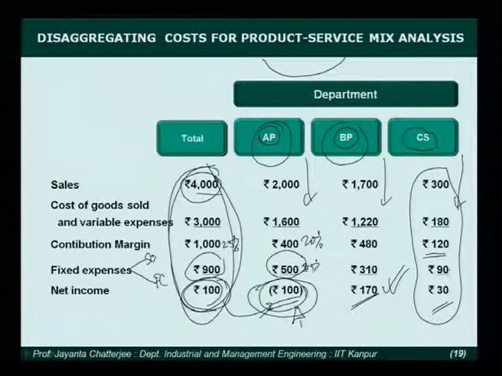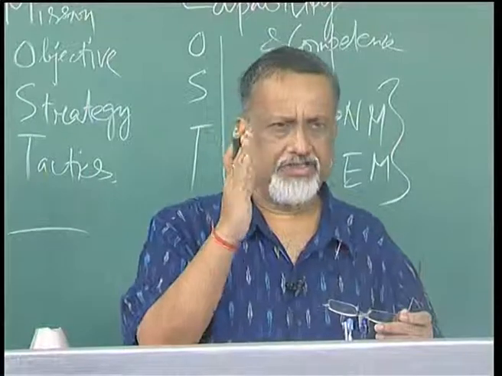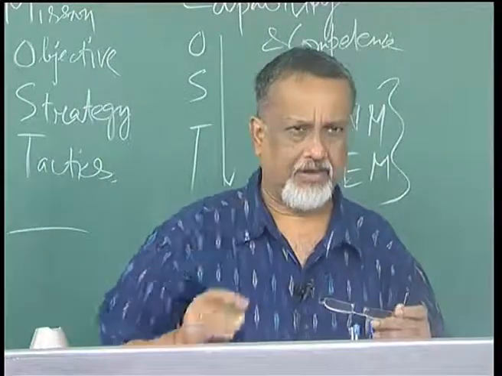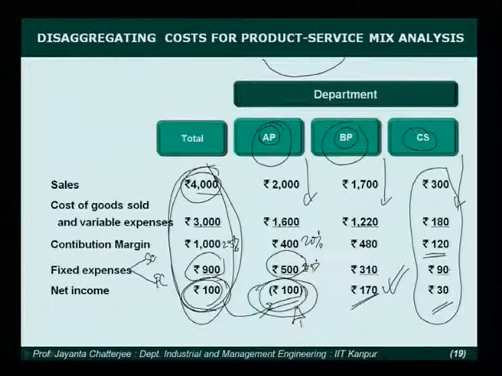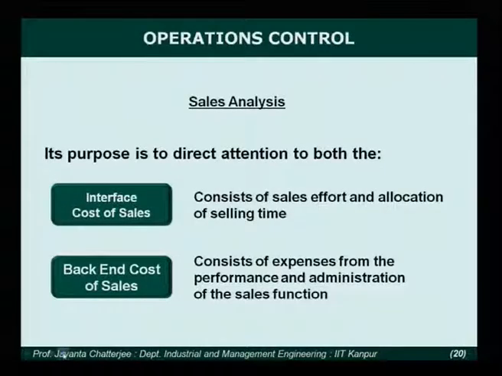This is what we call by product type or category type and service type: revenue, gross profit, contribution, net income analysis.